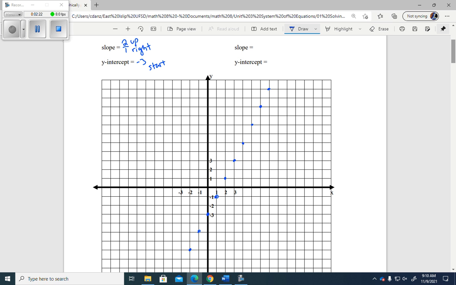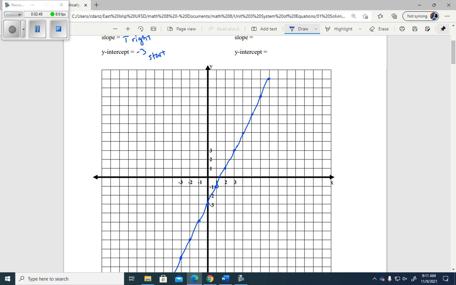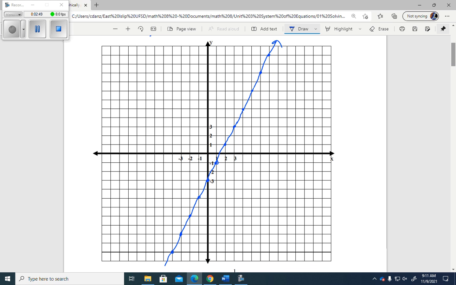The line should go to the edges of the graph paper. You need to put arrows at the ends. You need to label your line.